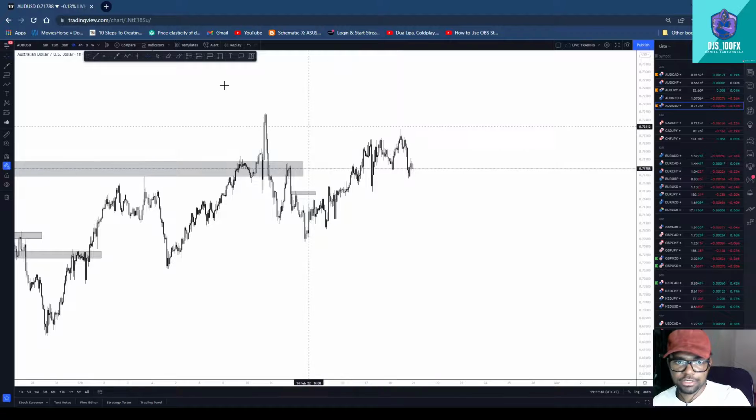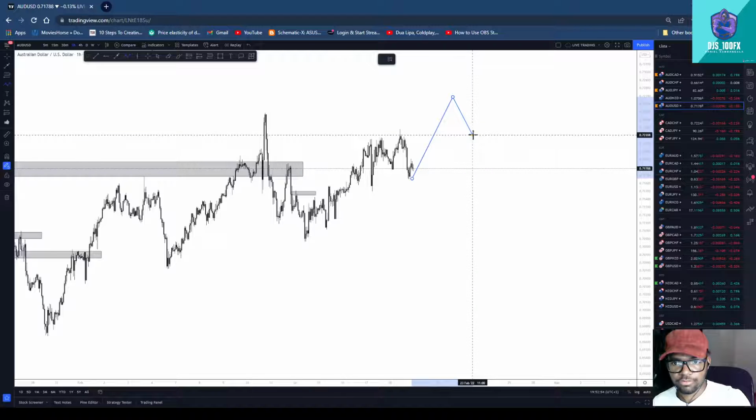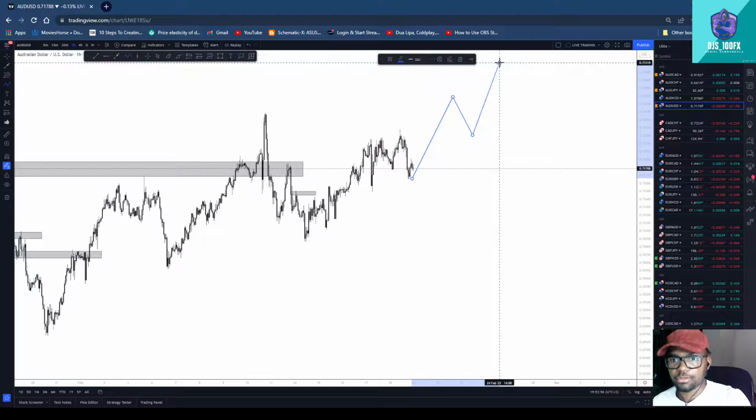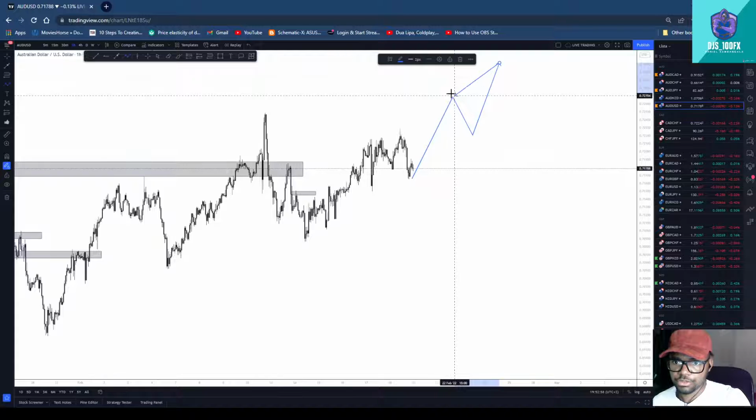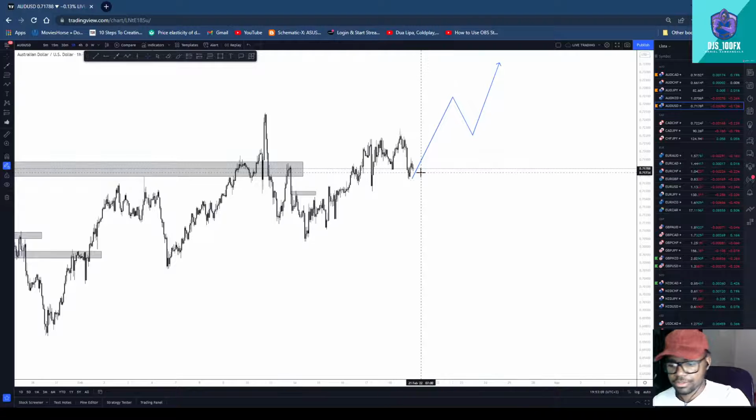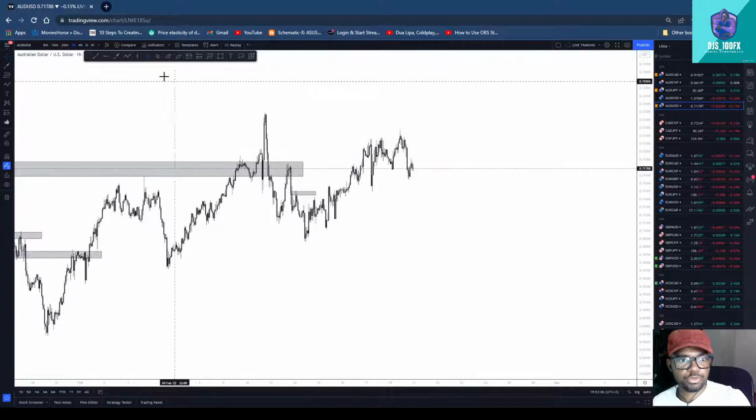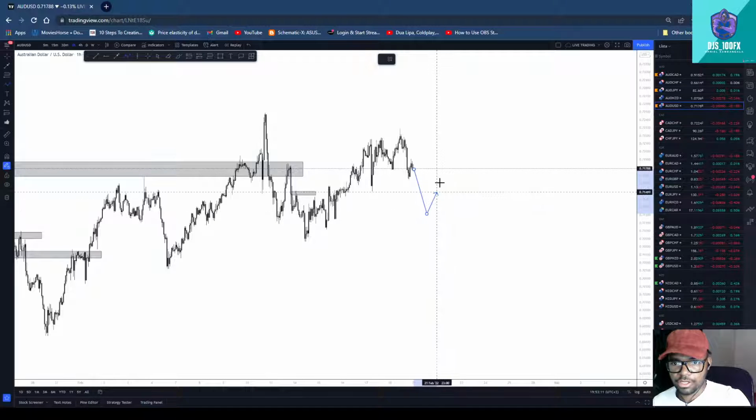If price breaks up, retests this level, goes up, then I'll start looking for trades around this level. If price breaks down this way here and then retests this level, I'll start looking for sells.